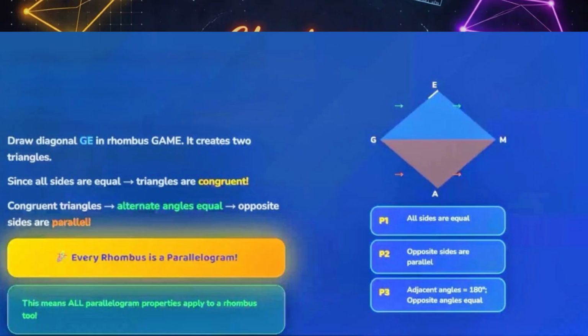They are congruent. Because of this congruency, the corresponding angles are equal. That is, angle G is equal to angle M because they are opposite angles. Similarly, angle A is equal to angle E, the other pair of opposite angles. And since opposite sides of GAME are parallel, every rhombus is a parallelogram.